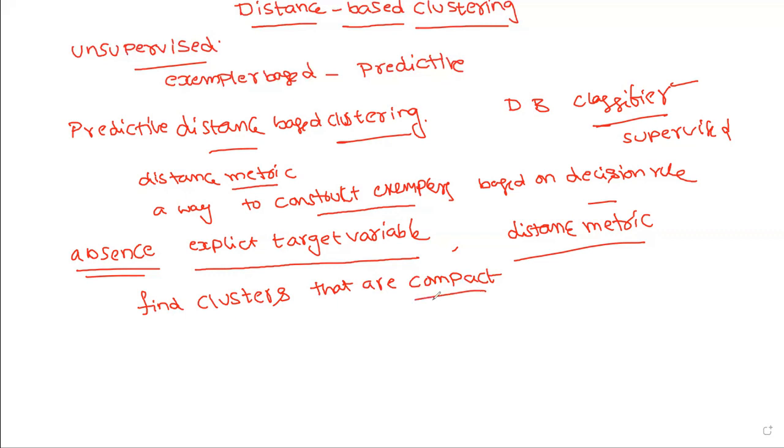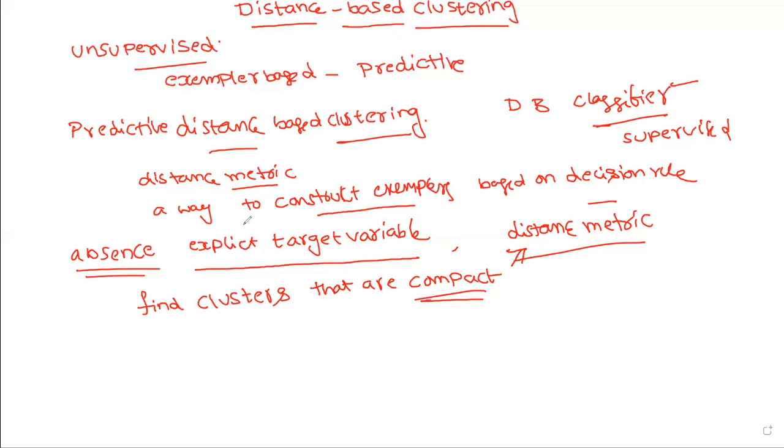With respect to the distance metric, the elements or the instances present within a cluster are more similar compared to the elements present outside the cluster. That is, we have to use such a type of distance metric to make the clusters very compact. Okay, this is distance-based learning.